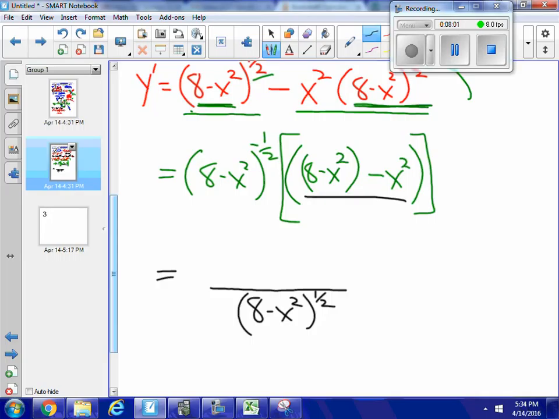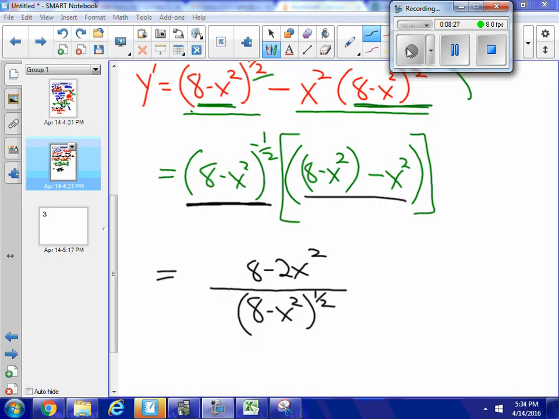And my numerator now becomes, well, I even have like terms, 8 minus 2x squared. So by factoring out this negative exponent factor, I was able to really quickly get to a nice, relatively easily understood derivative.